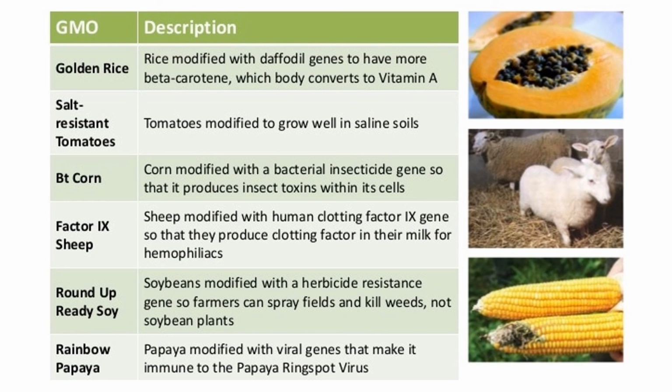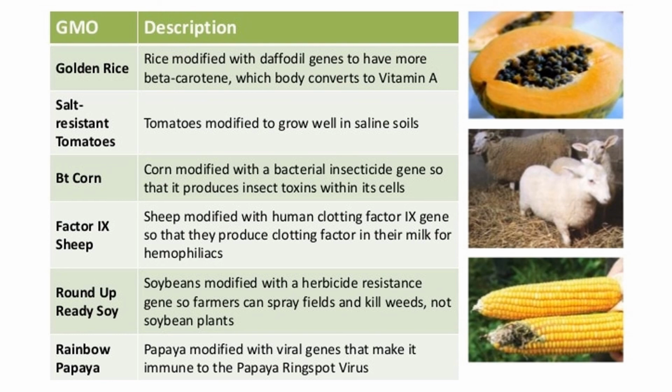Then BT corn modified with bacterial insecticide genes so that it produces insect resistant toxins within its cells. Then factor IX sheep, modified with the human clotting factor 9 gene so that they produce the clotting factor in their milk for hemophiliacs, the patients who have blood clotting problems.